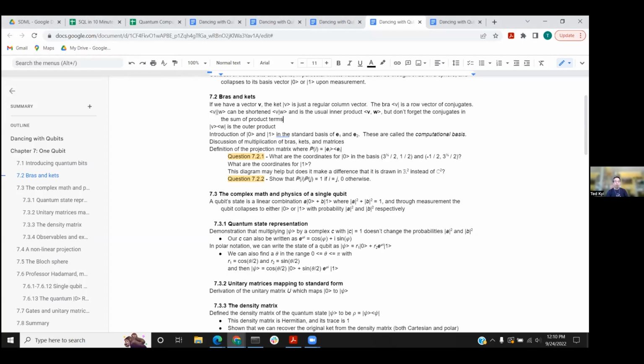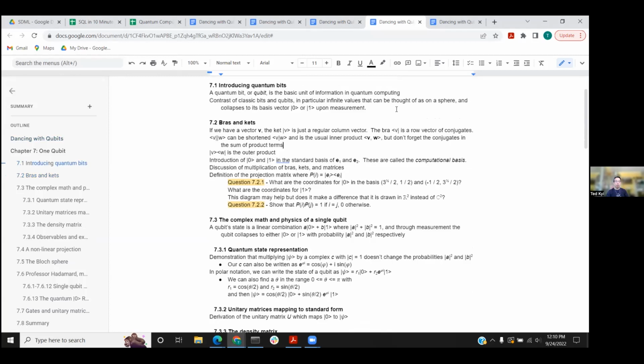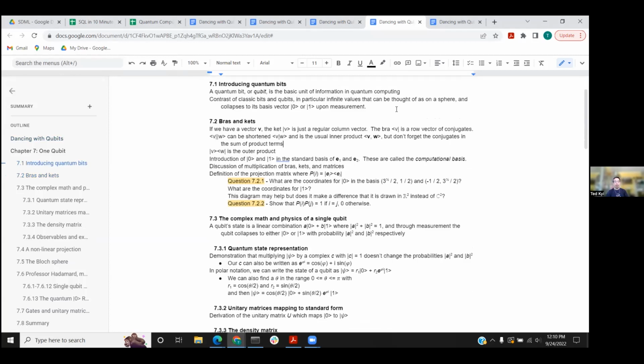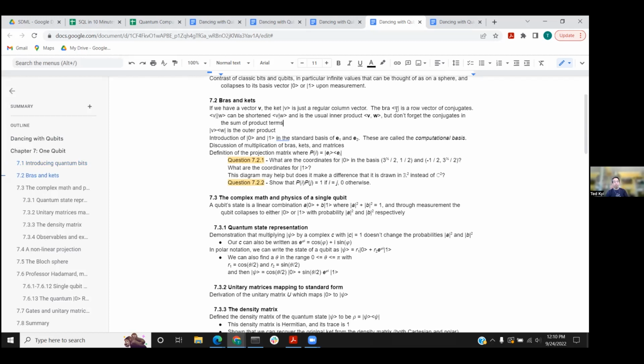But super briefly, we introduced the quantum bit and we said, okay, it's in C2, so you need two complex numbers to represent it. And we introduced this Dirac notation with bras and kets, perhaps thinking of them as row vectors and column vectors.